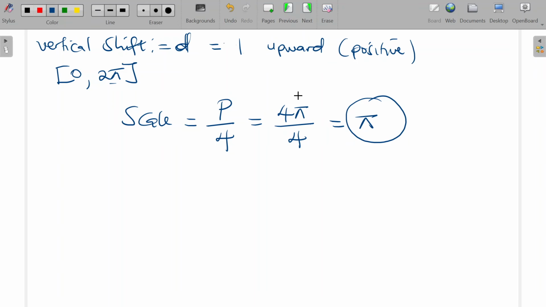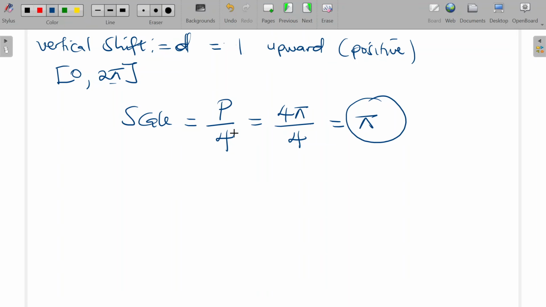A scale is representing a point on the graph where it is critical, where the graph is going to turn. So from 0 to pi, that is when this sine graph is going to make its first turn. That is what the scale tells us.